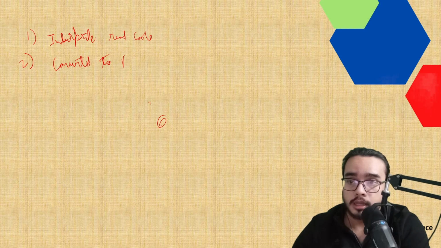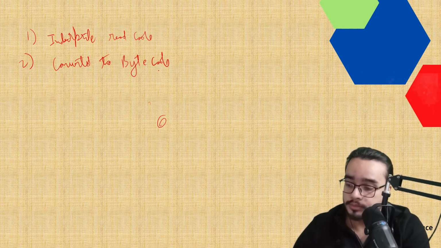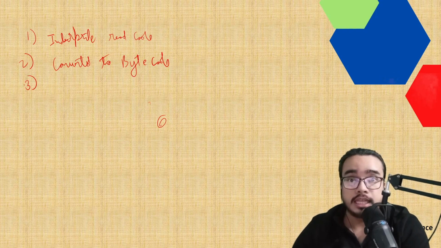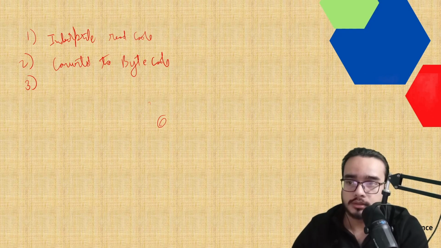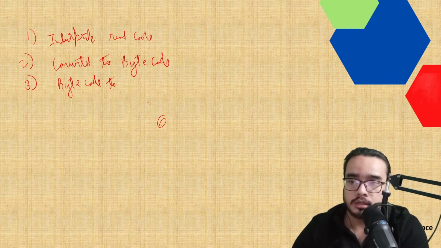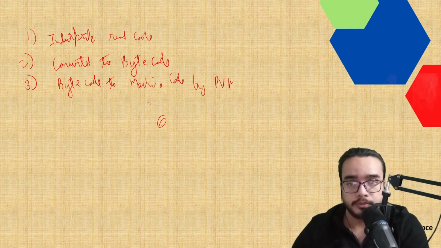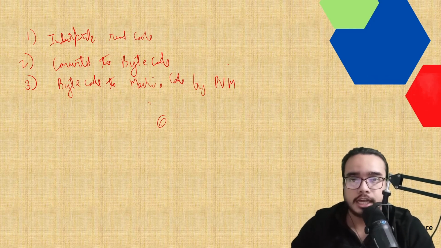Then the third and final process is that the bytecode is executed by the PVM, or Python virtual machine, which converts bytecode to machine code. Okay, so these are the three processes that we'll discuss.